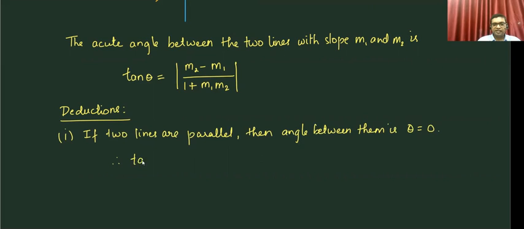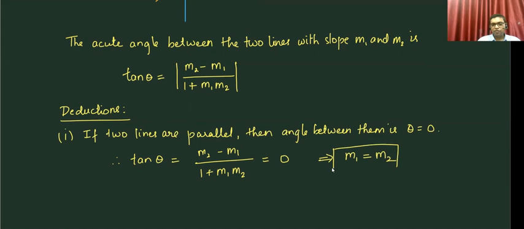Therefore tan theta equal to m2 minus m1 by 1 plus m1 m2 will be equal to 0, correct? Which implies, if a ratio is 0, that means the numerator is 0, which implies m1 is equal to m2. That's what we showed. If two lines are parallel, we said that the slopes are equal.